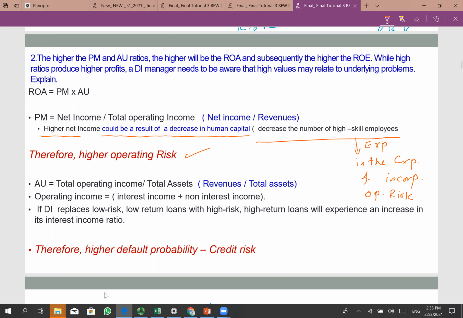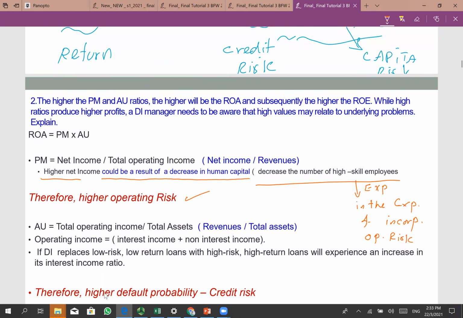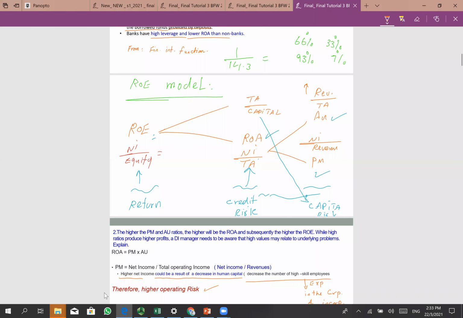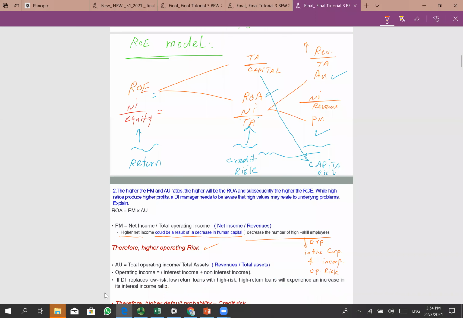Now, last time I talked about the AU, which is this one. What if the AU has increased, which means the revenues have increased. This revenue could be increased because I am giving more loans.